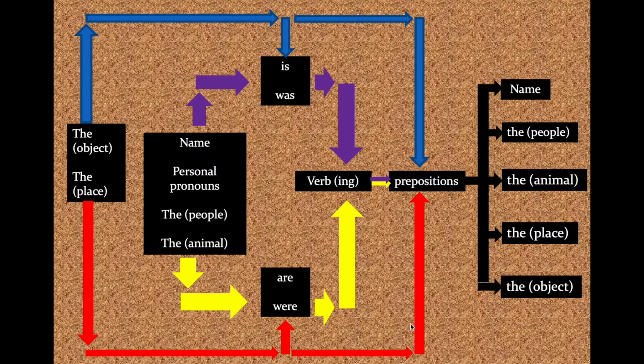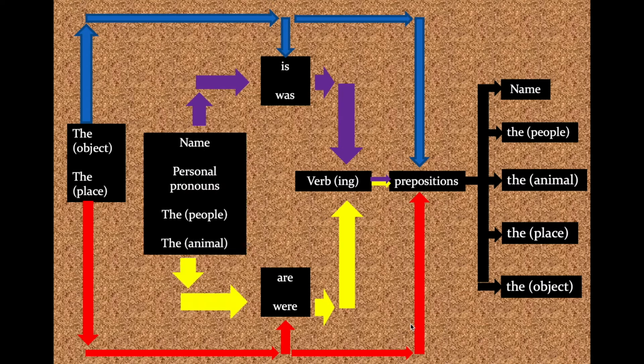Next, we take a look at the yellow arrows, the last steps of Formula 1. The yellow arrows represent the plural subject to form a present tense sentence or past tense sentence. To begin a sentence, we start with a subject.